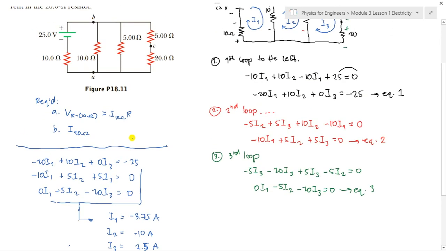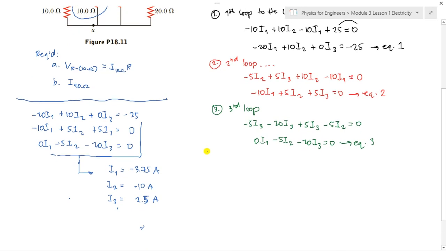Okay, and then the required is 4A, that is the voltage across this resistor. So which current interacts? So let's have here for letter A, VR at 10 ohm, which is in the first loop.